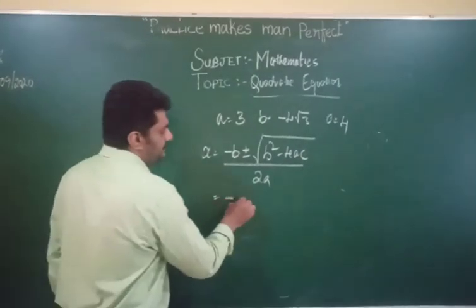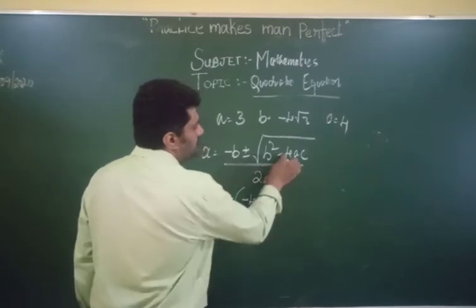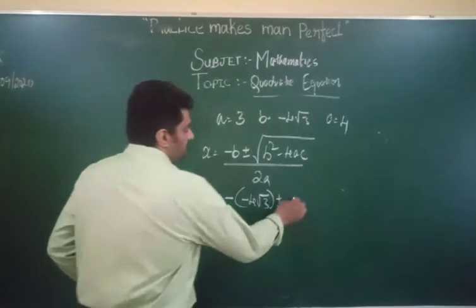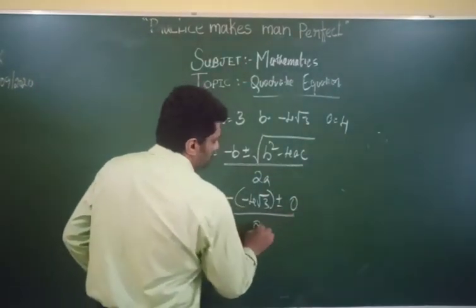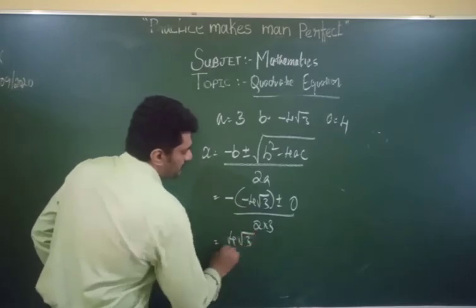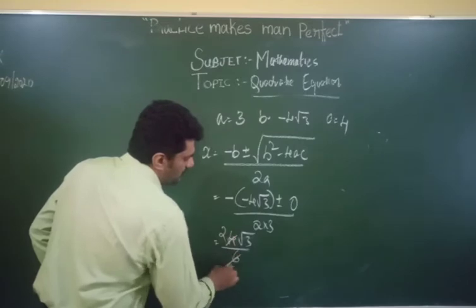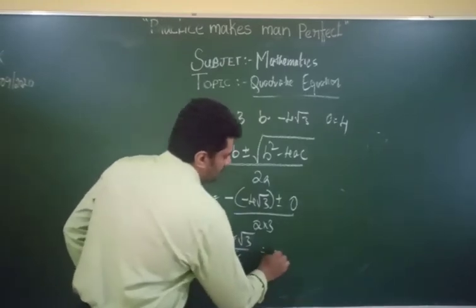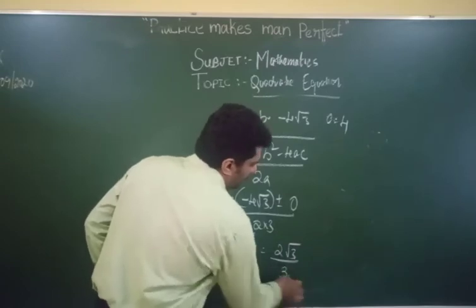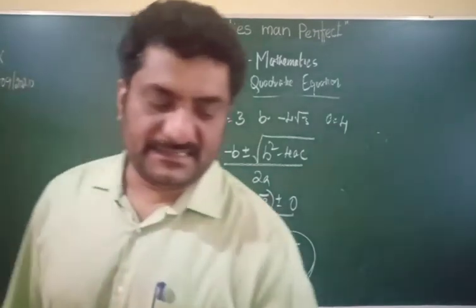It is 4 root 3 plus or minus, what is the value of b square minus 4ac? It is 0. It's 0 divided by 2 into 3, which is nothing but 4 root 3 divided by 6. 2 2s are 2, 2 3s are 6, which is nothing but 2 root 3 divided by 3. This is the value we get for x.